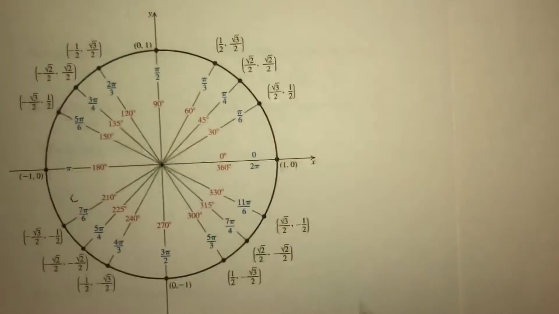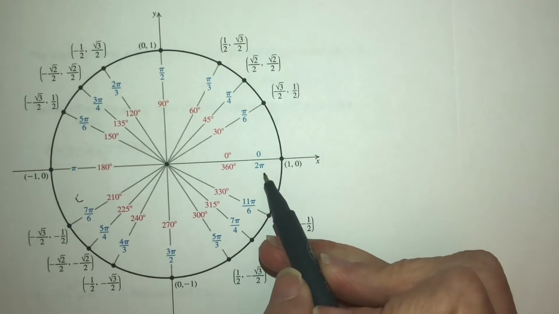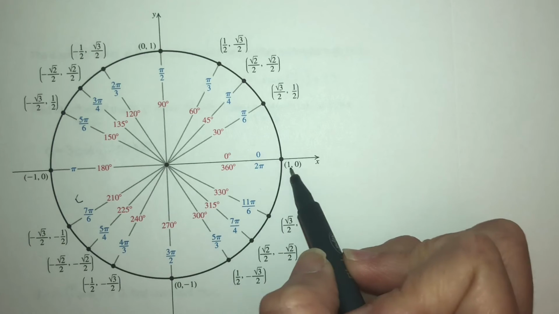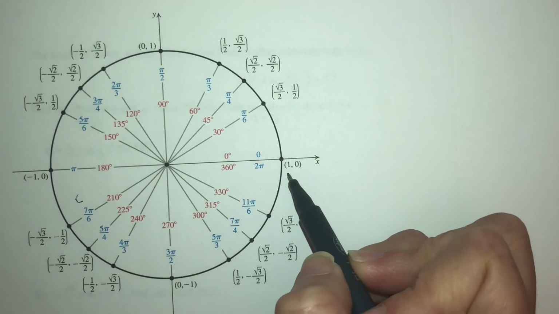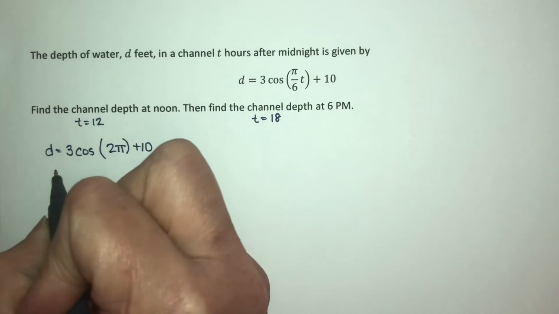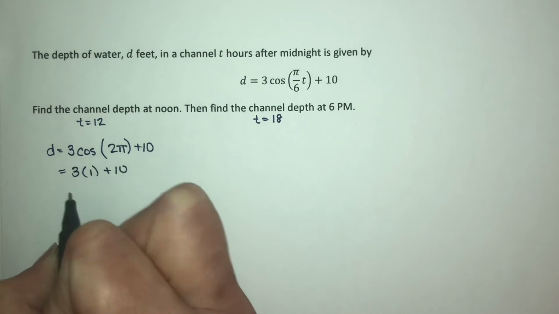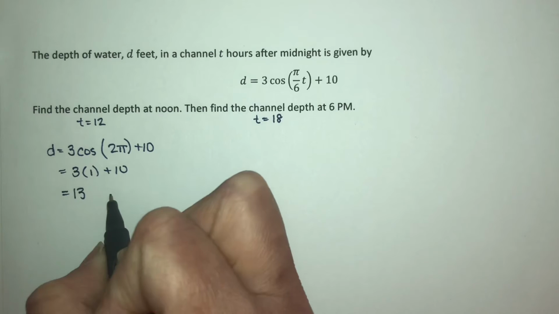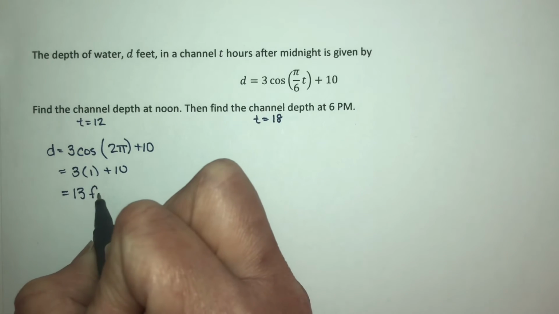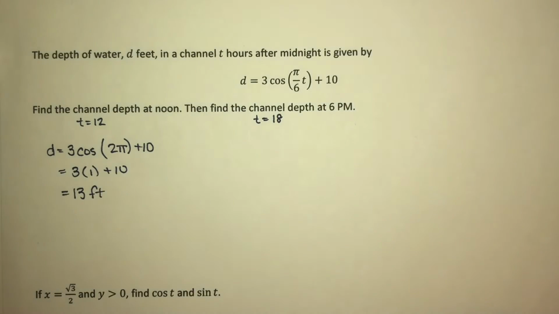Well, 2 pi is 0. Cosine is our x-coordinate, so that is 1. So I have here 3 times 1 plus 10, which is 13. So at noon, that channel is 13 feet deep.